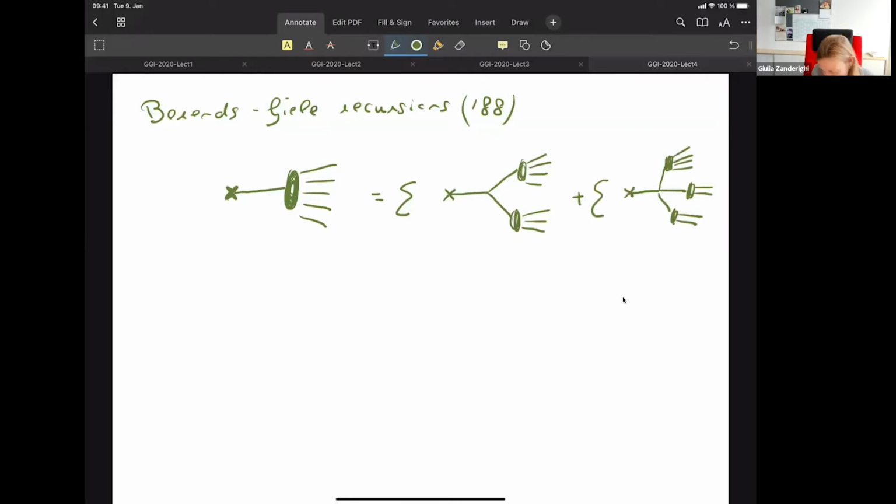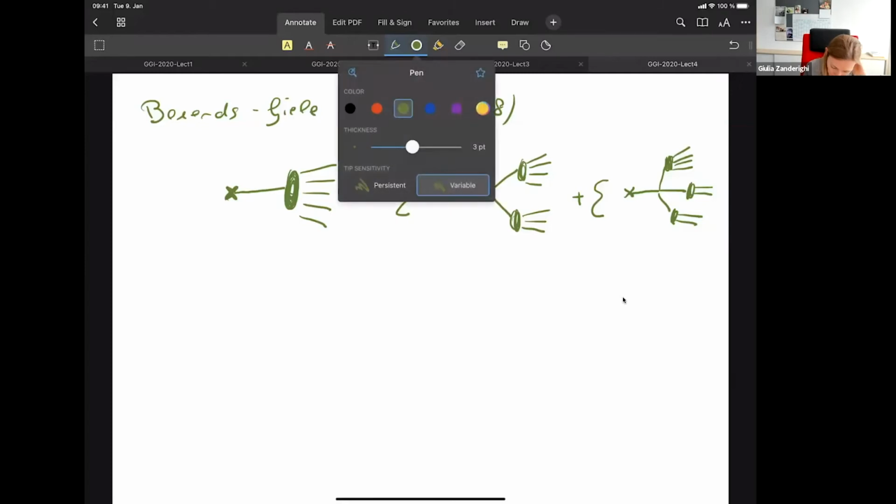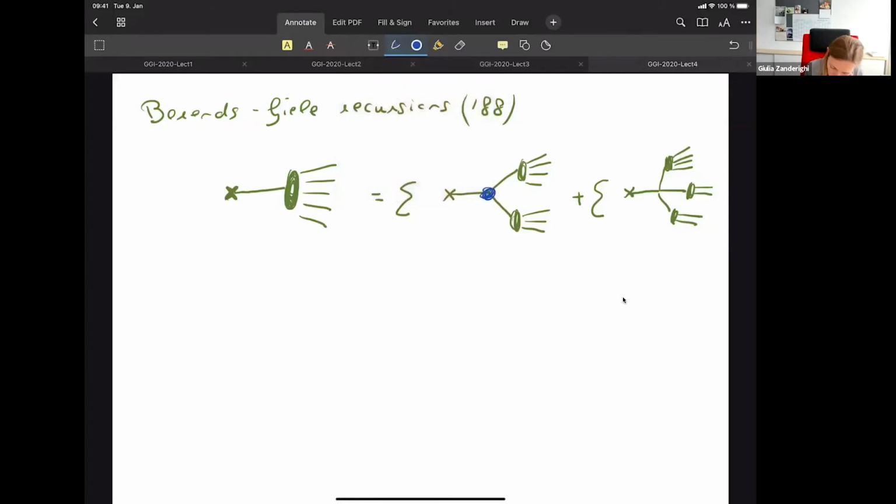We know that in QCD we have only 3 and 4 point gluon interactions. So when I want to reconstruct a full amplitude, the only ingredients that I have are 3 and 4 point gluon vertices. So you can reconstruct a higher point function by putting together 3 point and 4 point gluon vertices, constructing any higher point amplitude in terms of these lower point off-shell currents.